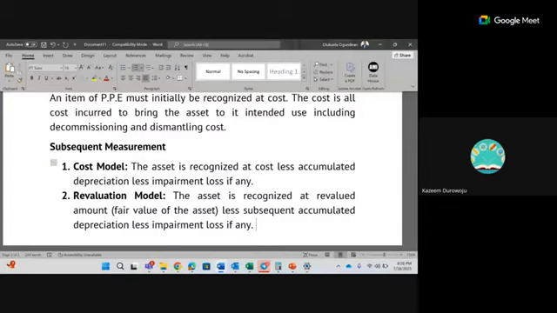Now, there are some rules that guide this revaluation model. Number one is that once you've adopted the revaluation model, you should always revalue the assets periodically.